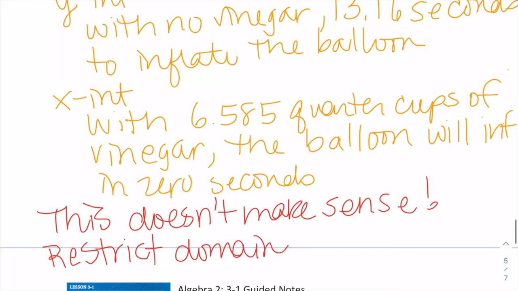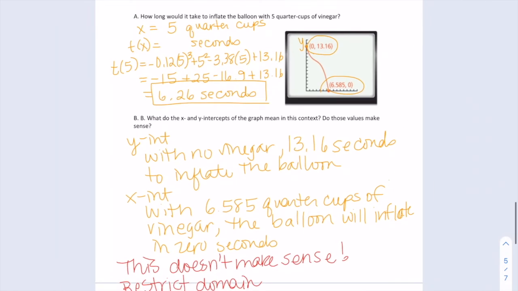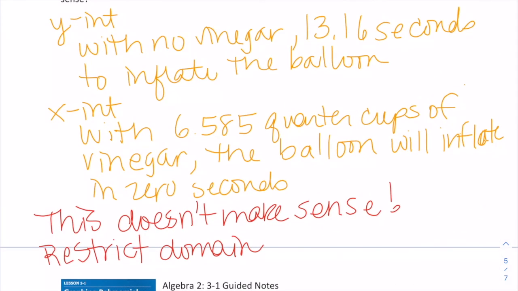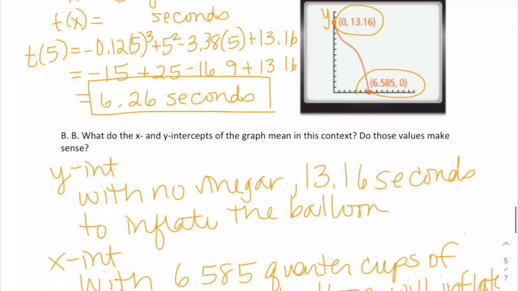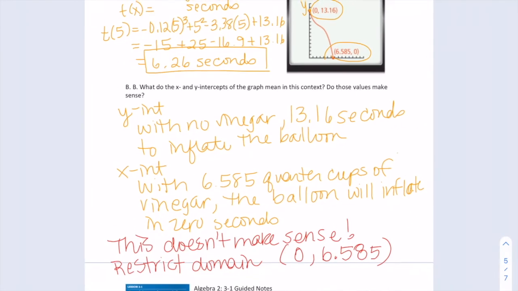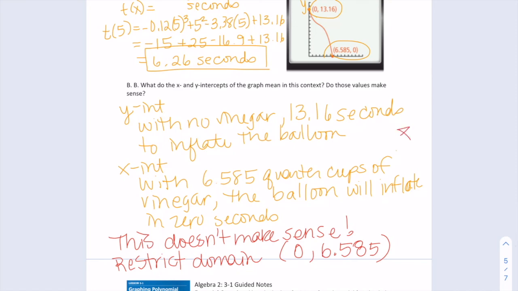And if we restrict the domain to really just values between 0 and 6.58, so not including them, this is the domain, and we're not including the x and the y intercepts. Then we won't have these really weird scenarios over here.